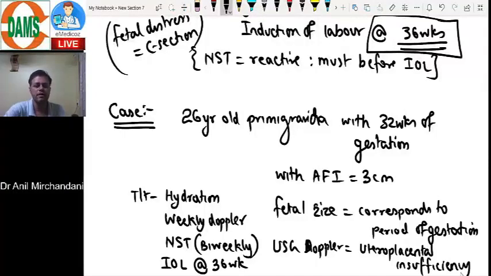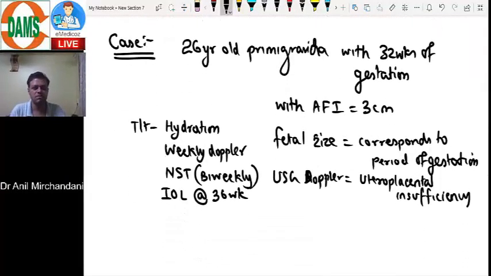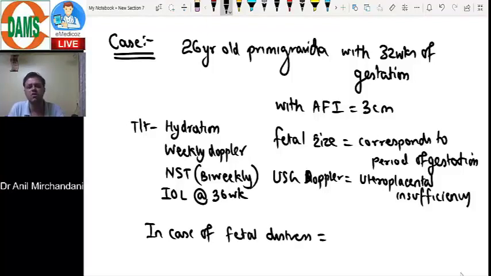In case of fetal distress, irrespective of period of gestation, you are supposed to do cesarean section. Immediate termination would be required.